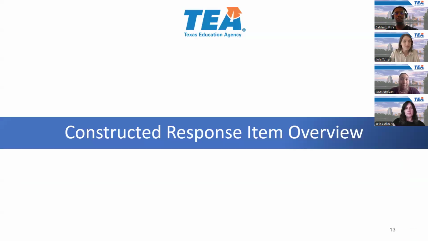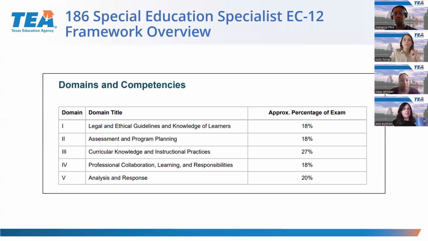All right, so some general information about the exam, and now we're going to transition to our constructed response. So again, the special education specialist exam, the new 186, has 5 domains. And on this slide, you can see the approximate percentage of the exam that each of these domains makes up.